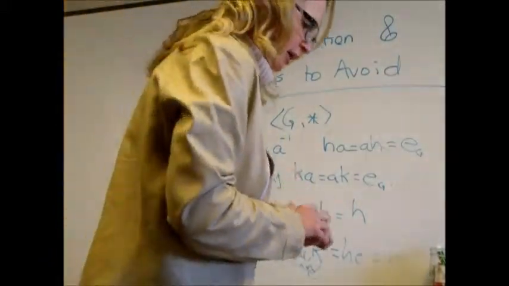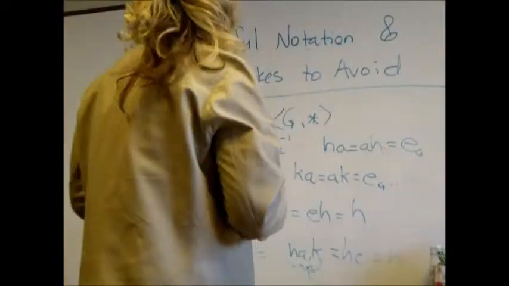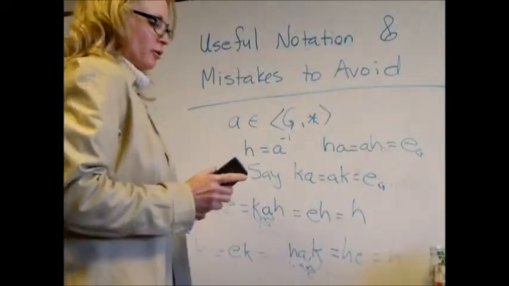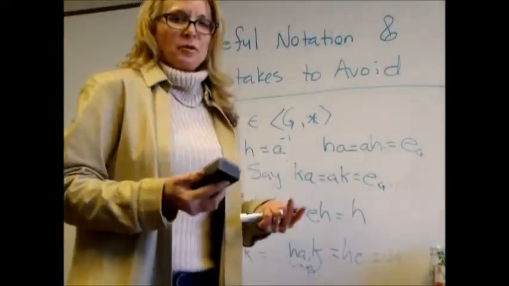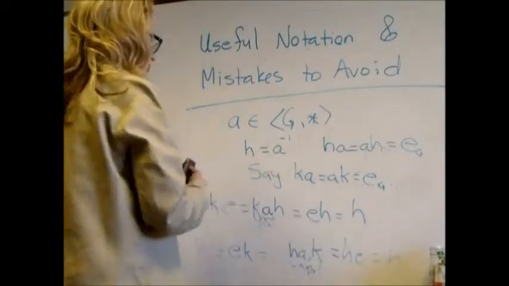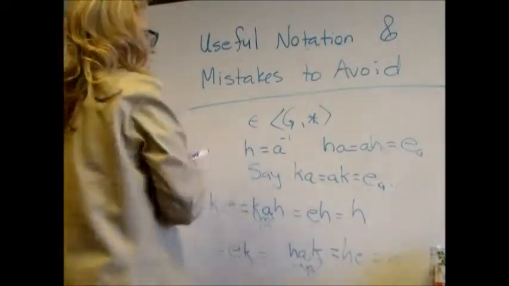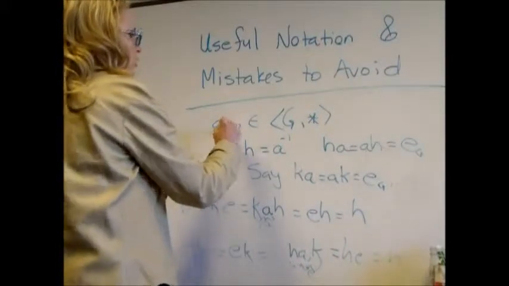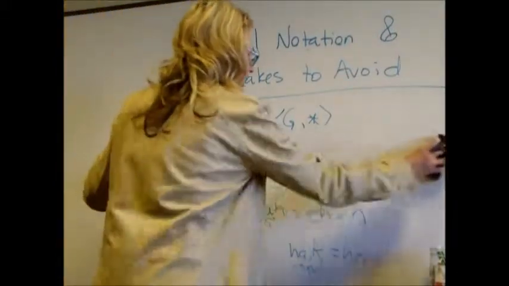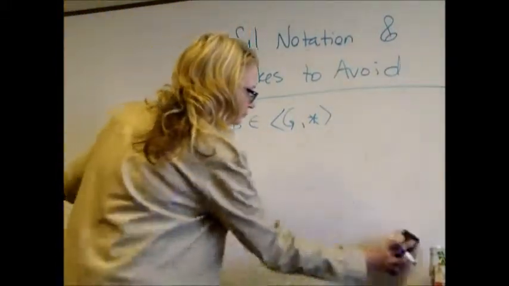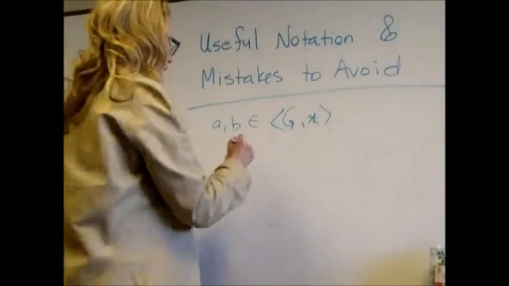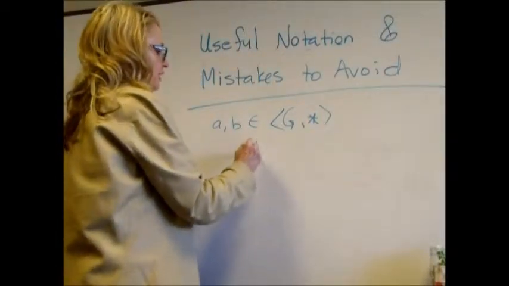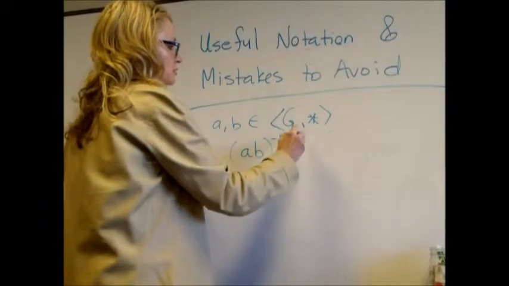And finally, this is convenient notation. If you have a product of elements in a group, so say that now a and b are elements in the group G, and we are interested in finding out what is (ab) inverse.